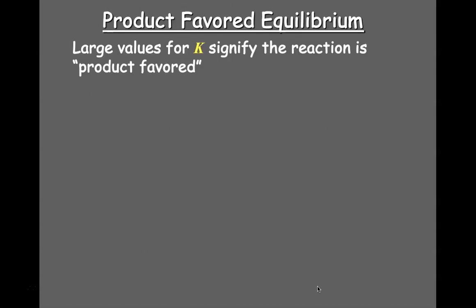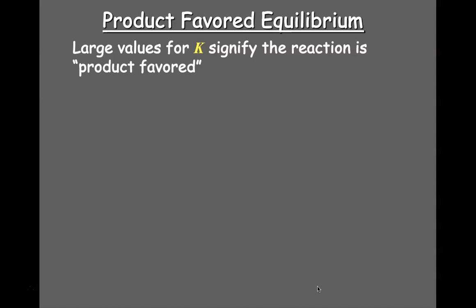Now, product favored equilibrium. We have talked about this a little bit in N11. Large values of K. Now, just like everything in chemistry, large, high, low, there's no set number for that. There's no dividing line, so to speak.